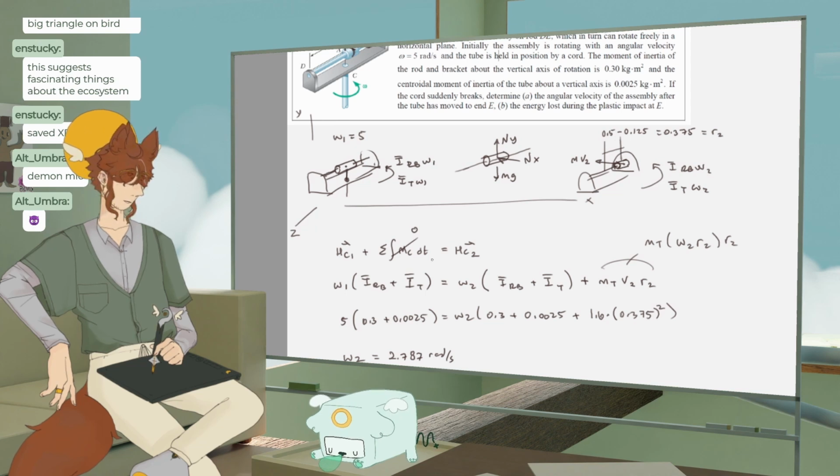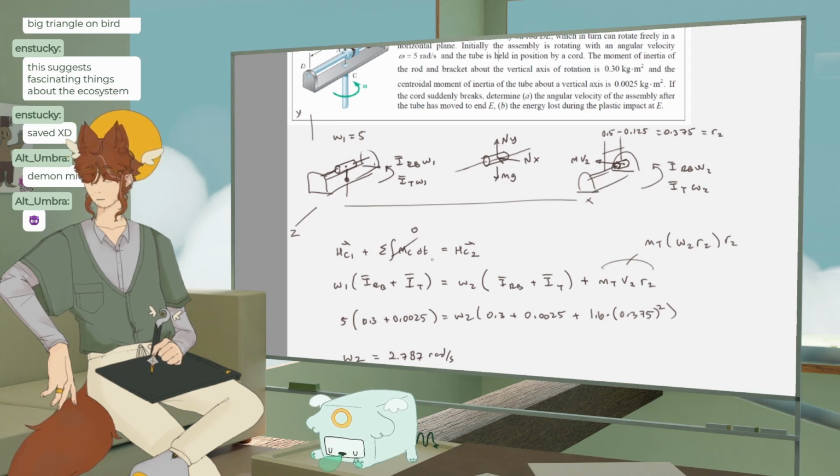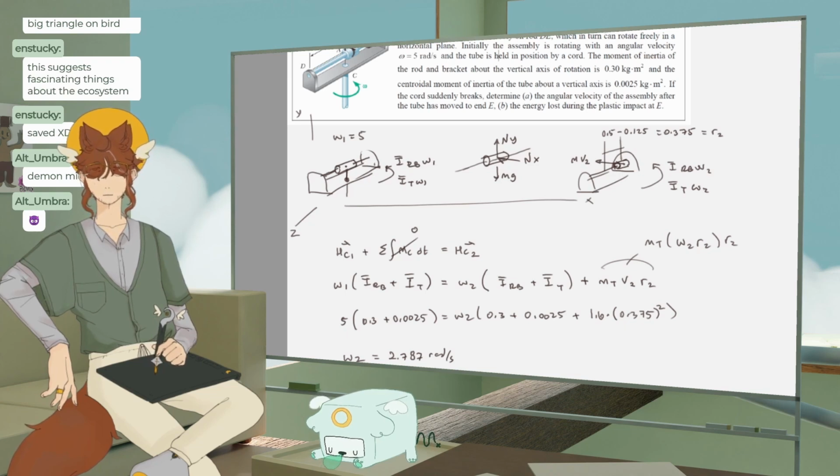Wait, am I tripping? What? I'm so confused. Wait, where do they put that? The 0.625. In the MABRGG. MABRGG squared.